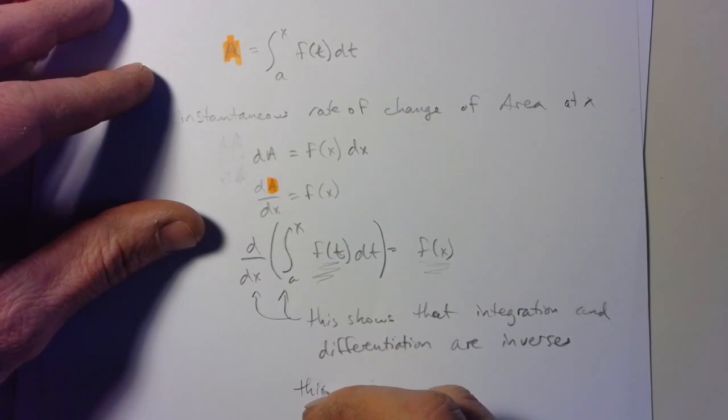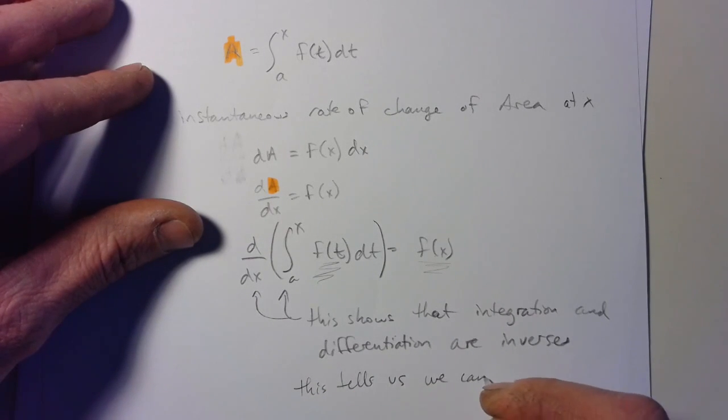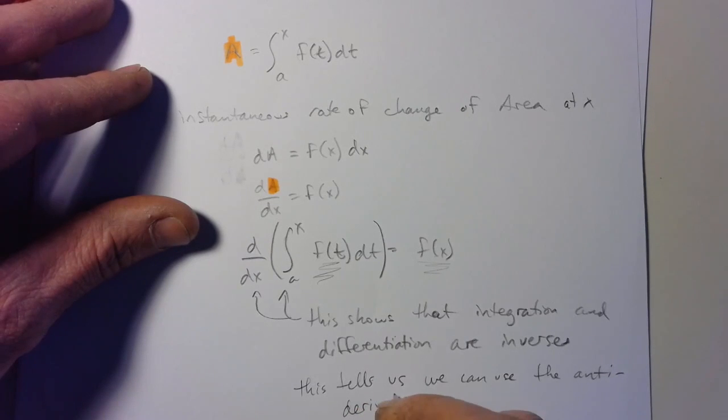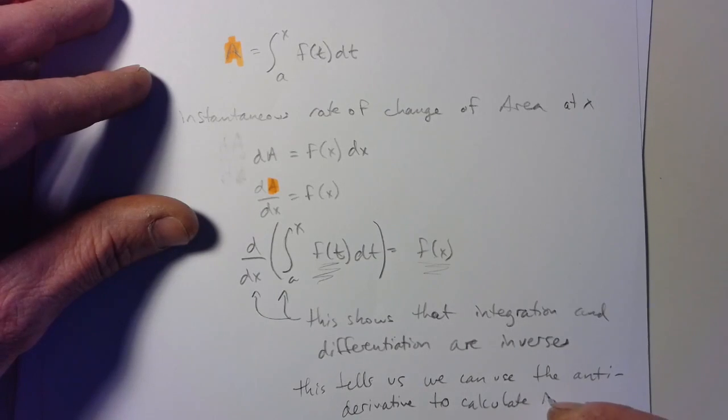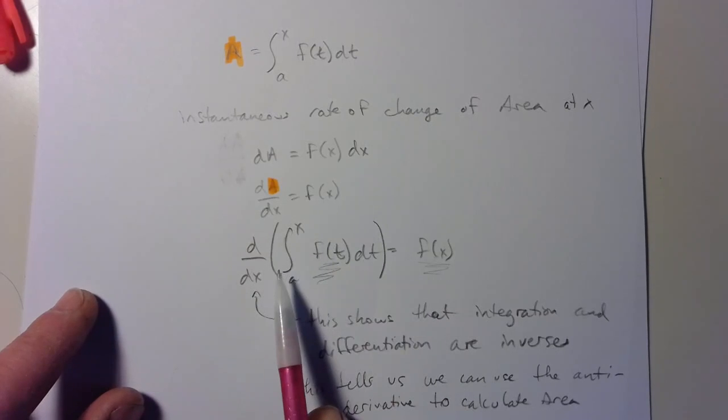So this tells us we can use the antiderivative to calculate area. Now, maybe that was a big jump for you there, but remember, this calculates area.